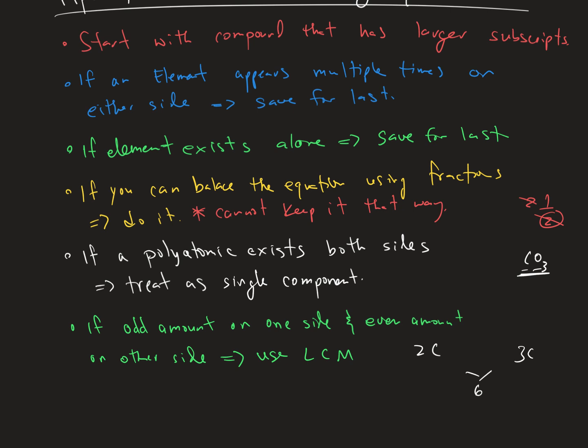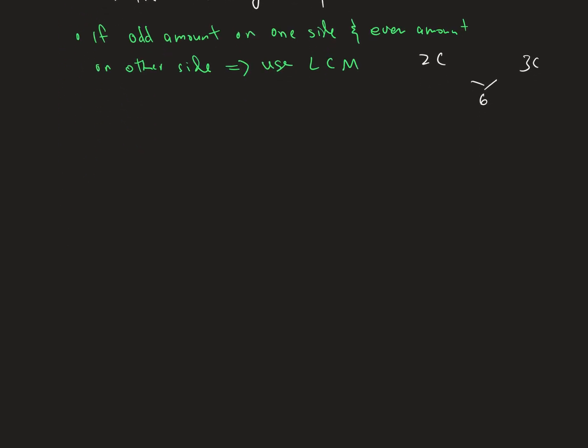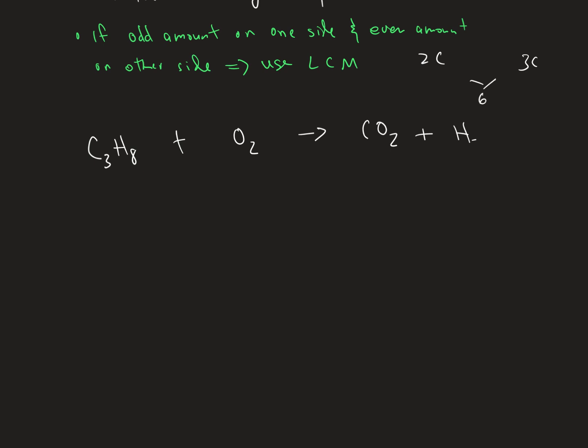All right, let's do this first reaction we did with propane. We have C3H8 plus oxygen gives us carbon dioxide and water. So you don't have to show work, ladies and gents. I'm just going to show you what I'm doing here.